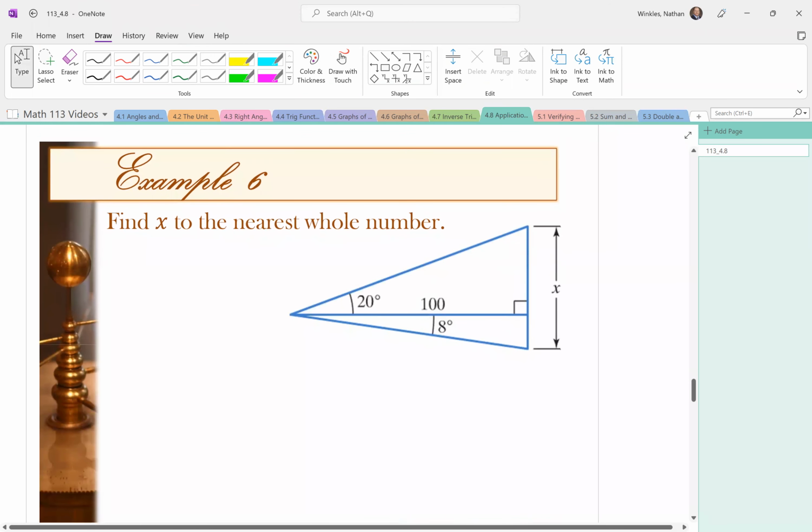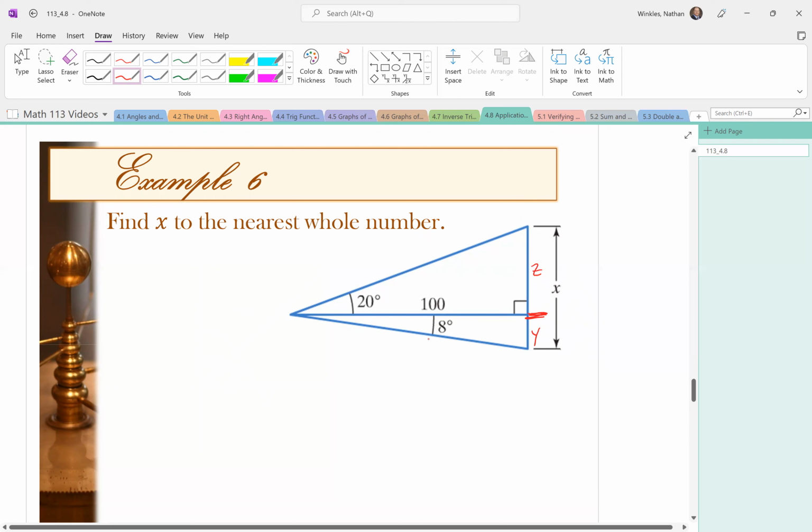So these next ones, we got to think a little bit and see where we're at. Find X to the nearest whole number. So we're looking for X, this entire right side, this entire long side. So what we want to do here is I'm going to let this be Y and I'm going to let this be Z. So in other words, they stop right here.